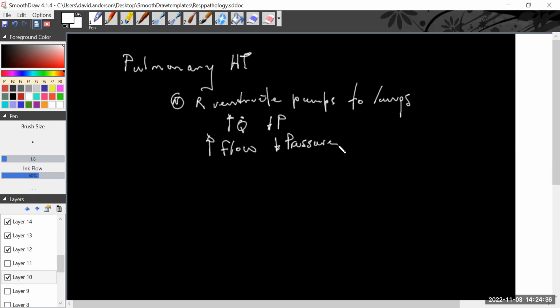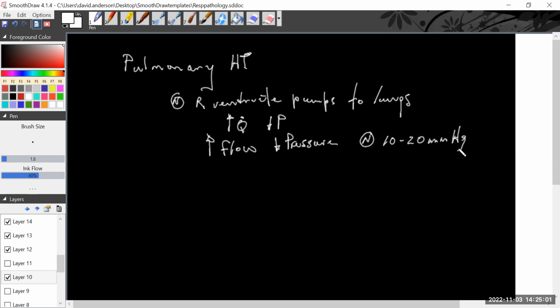So when we talk about a pulmonary pressure, normal afterload to the right heart is somewhere between 10 and 20 millimeters of mercury. We know that on the left side of the heart, the range is from 120 to 80, right?